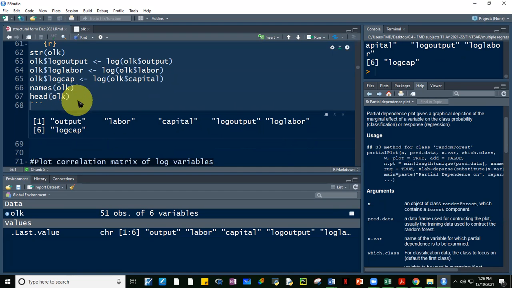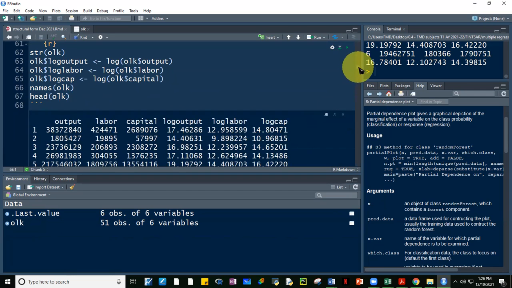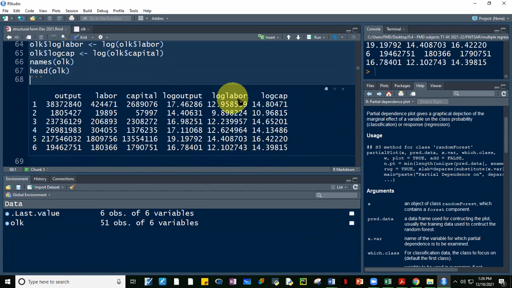Maybe we can check the first 6 observations. So there you are, guys. Take note, yung output natin, this is 38 million. If this was in thousands, so 38 billion pa to, no?